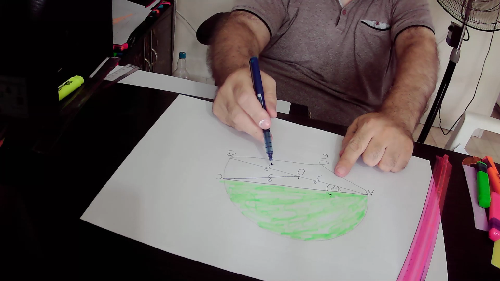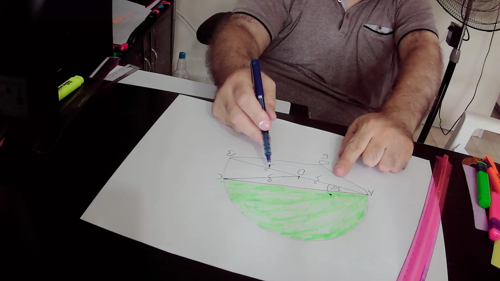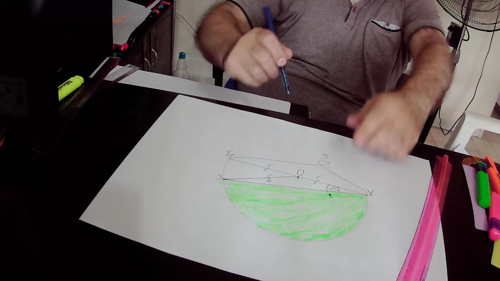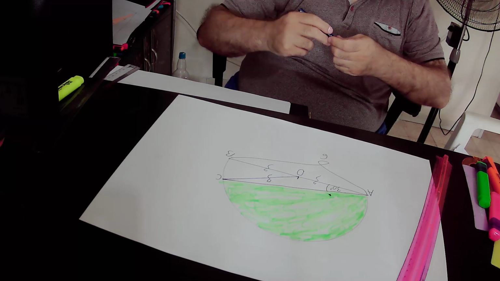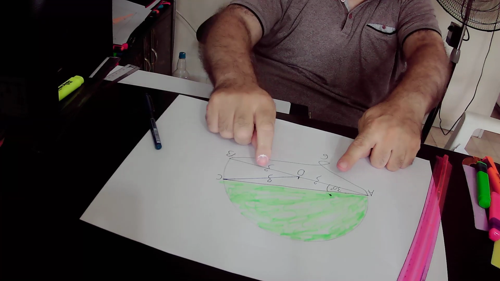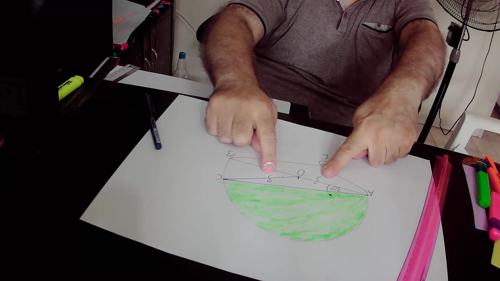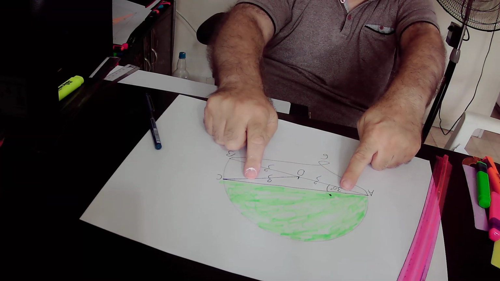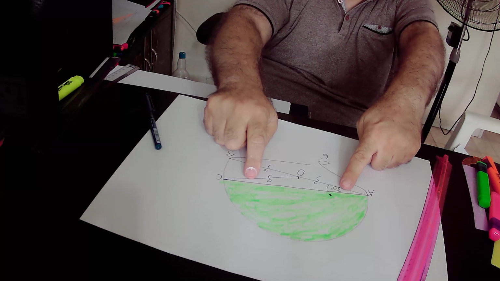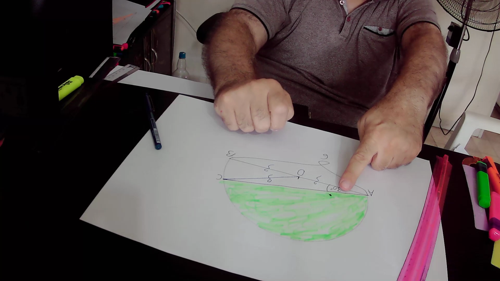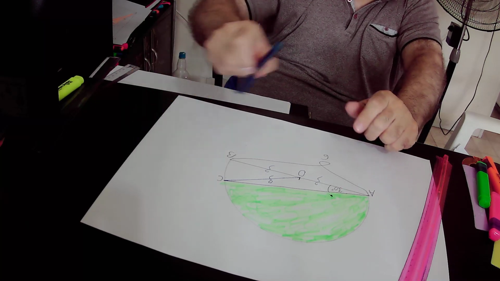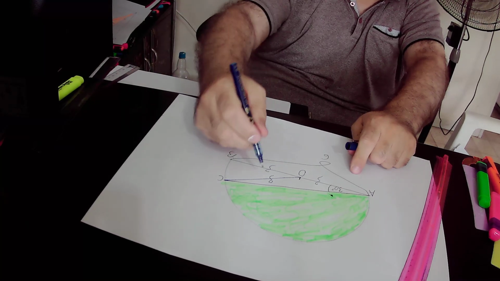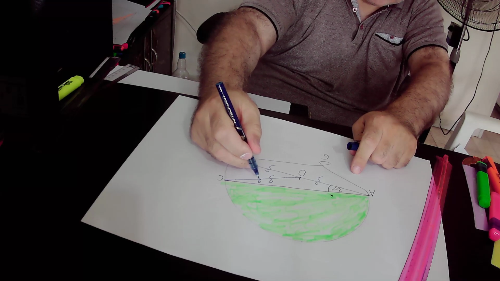And we have the rule that opposite equal sides in a triangle, there are equal angles. So opposite those two equal sides, we have those two angles. According to the rule that I mentioned, those two angles must be equal to each other. But this angle equals 30 degrees, therefore this angle must also equal 30 degrees.